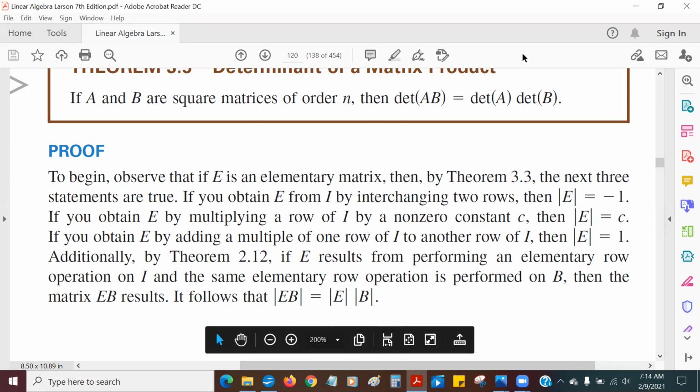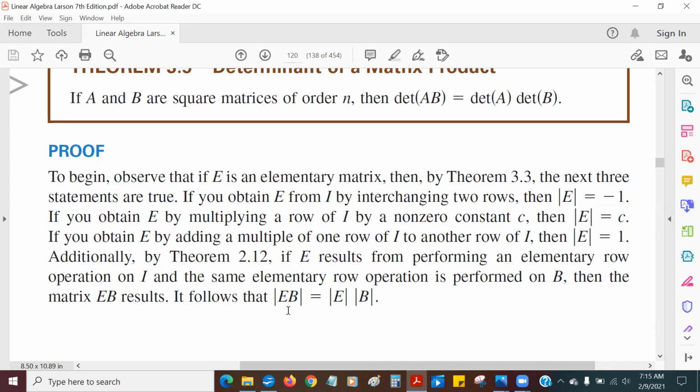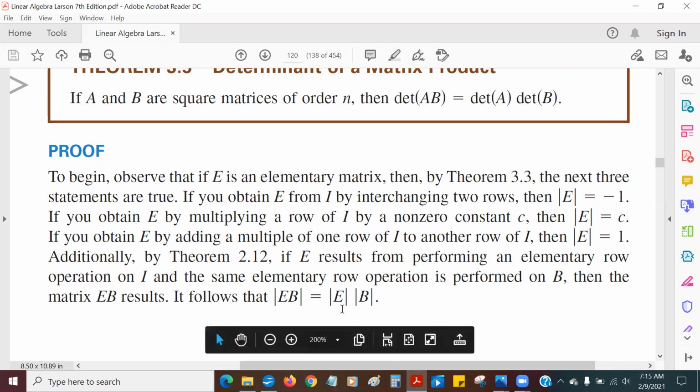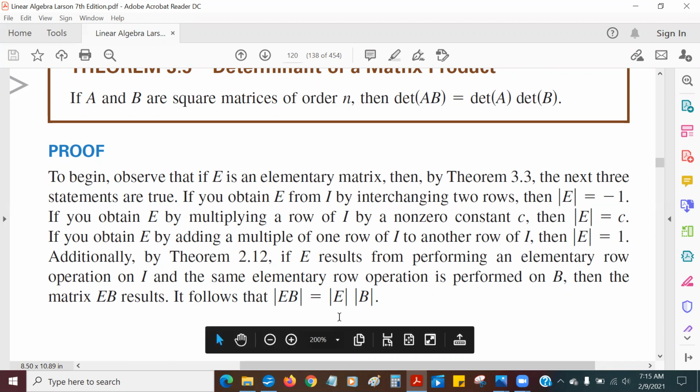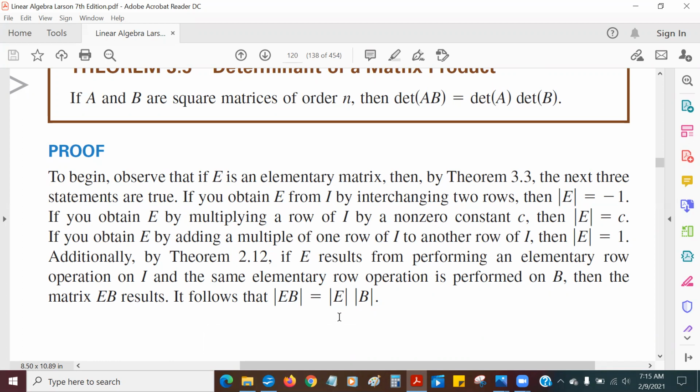The reason this works is because the product EB, as we said, either switches a row, or multiplies a row by a constant, or adds a multiple of a row to another row, and that's either going to keep the determinant the same, multiply the determinant by -1, or multiply the determinant by that constant. This is just basically a fancy way of saying what we've been saying in plain language already.